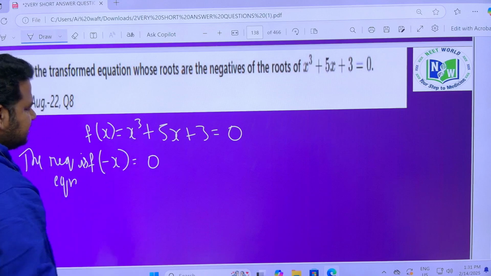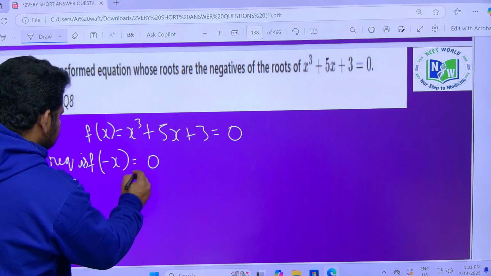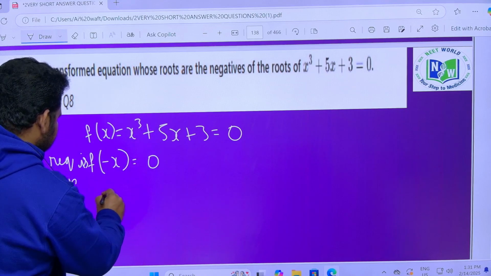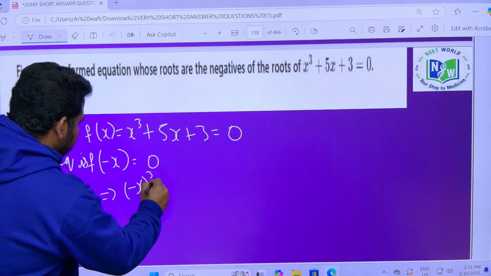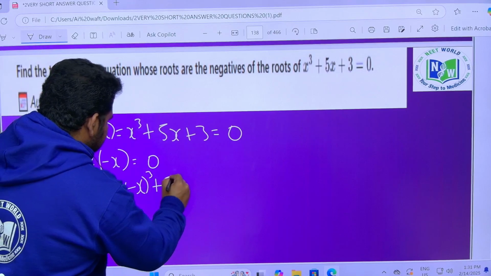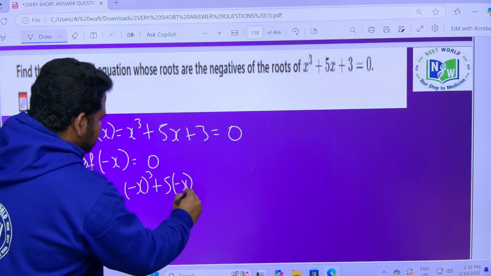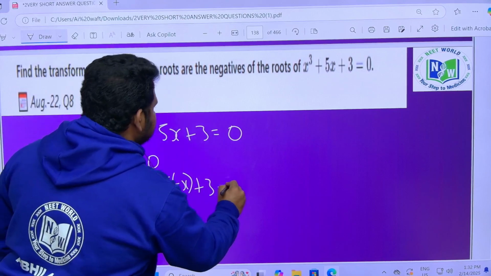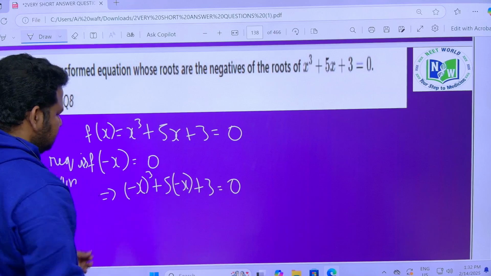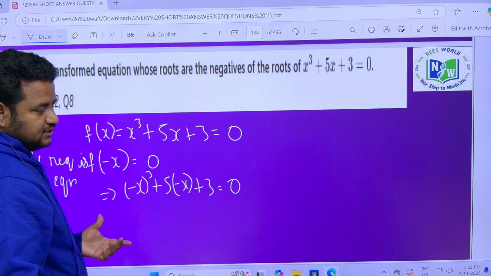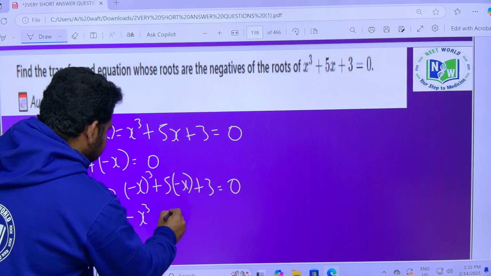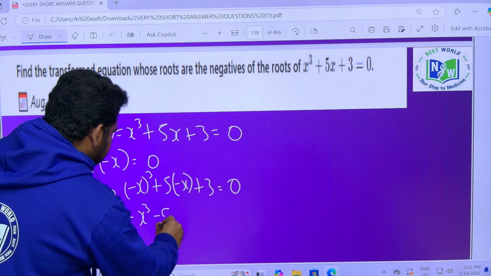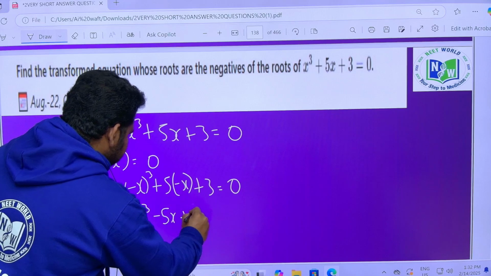So wherever x is there, I have to put the negative sign. So this will give us minus x whole cube plus 5 of minus x plus 3 is equal to 0. So minus into minus into minus, that is this will be minus x cube, plus into minus is minus 5x plus 3 is equal to 0.